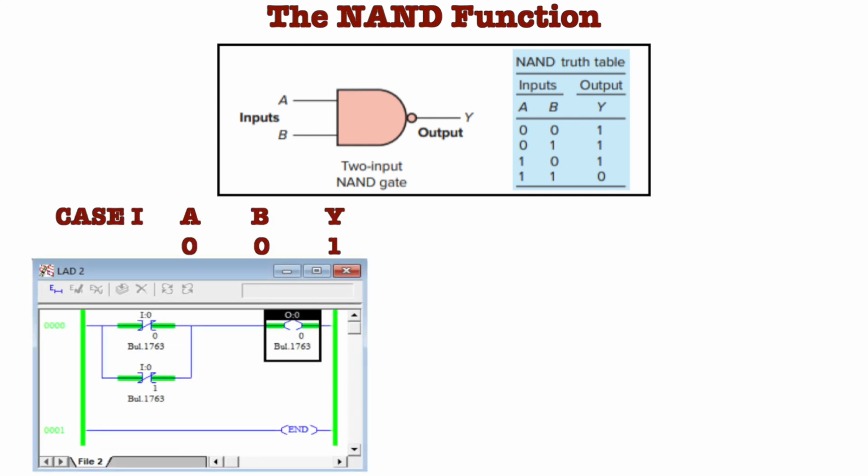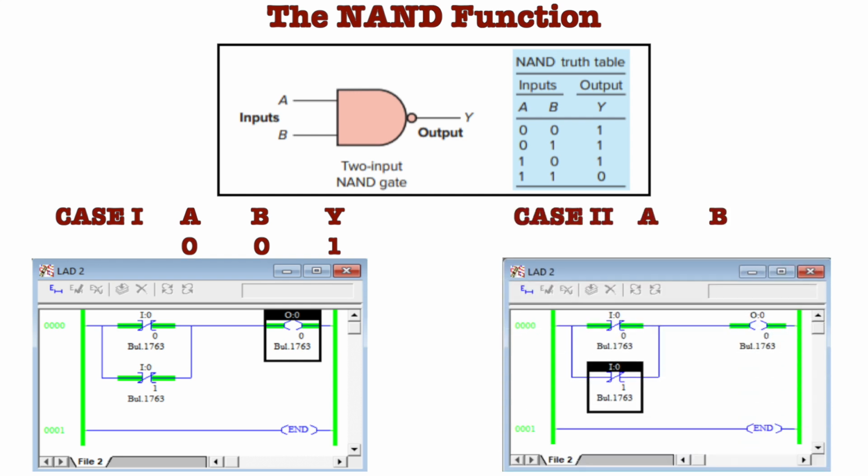You can see there are two input switches we have connected in parallel, with the input addressing I colon 0 slash 0, I colon 0 slash 1, and an output is connected at the right of the ladder with the addressing O0 slash 0. So when A is 0, B is 0, it means there is low input and the switches will remain in their closed condition. So we will get a high output in this case.